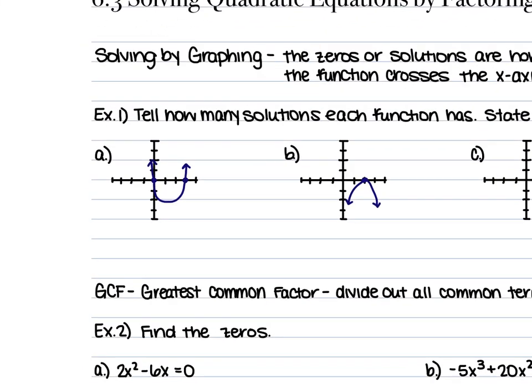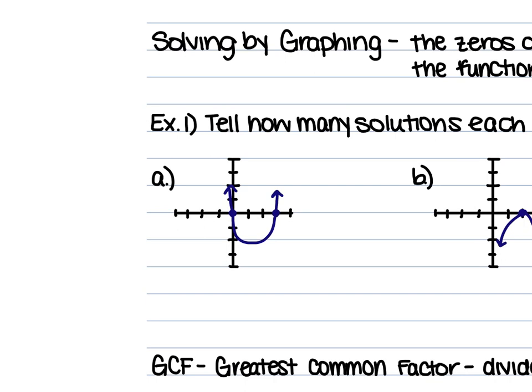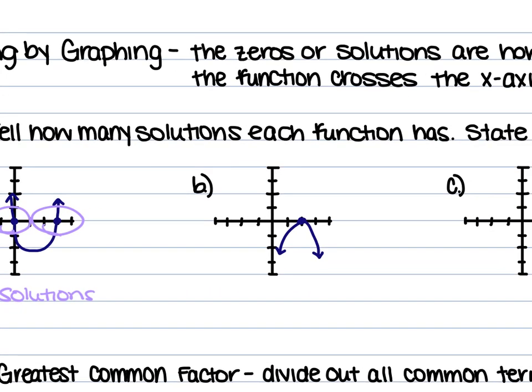So if we look at the first function, a, we have two solutions here, one at 0 and the other at 3. So here we have two solutions. If we look at b, we have only one solution.